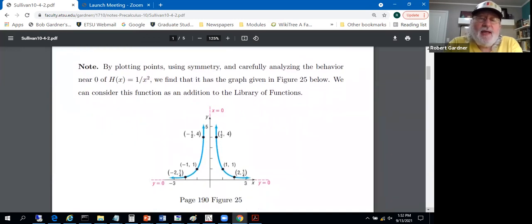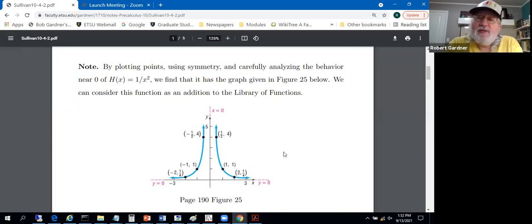All right, we're going to add a function to our library of functions. The book says that by plotting points, based on symmetry, and carefully analyzing the behavior near 0, for h of x equals 1 divided by x squared, a rational function, we find that it has the graph given in figure 25 here.